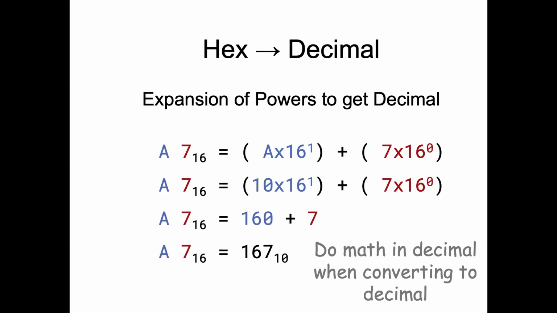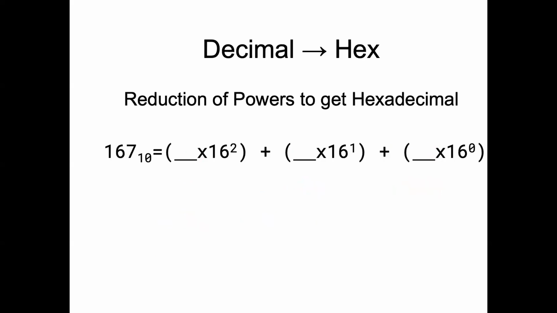If we had to go the other way, we could use the same kind of trick we did when we were converting from base 10 into binary. Starting with the same number, 167, if we wanted to know what that was in hexadecimal, we could say, if it was a 3-digit hexadecimal number, so here we're pretending that we didn't just convert in the other direction, whatever's in this top digit would be worth something times 16 squared.